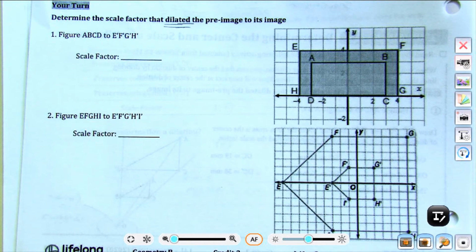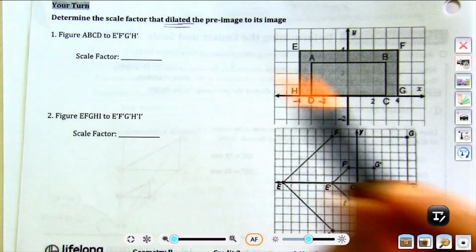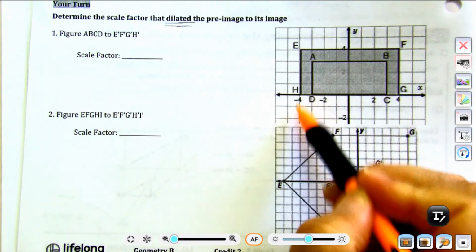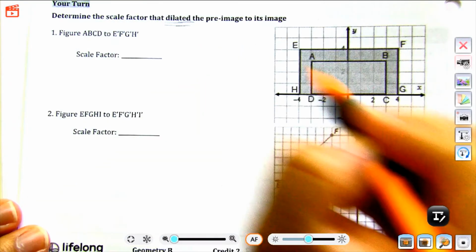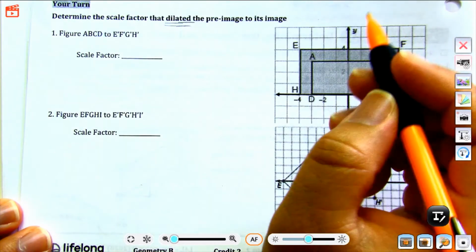So for number 1, let me pick AD and then I'll look at EH. So let me write this right here. AD is equal to 1, 2, 3.